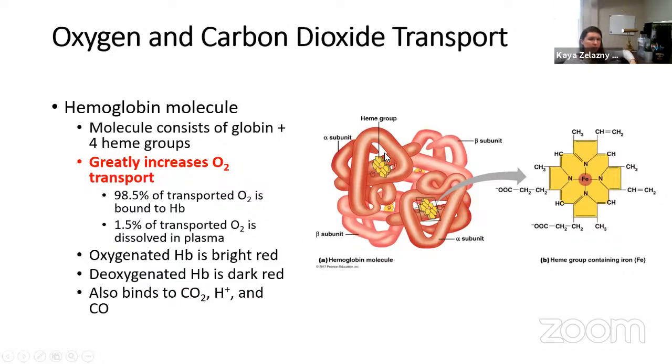So it can block the binding of oxygen to hemoglobin at those heme groups, which is why you can die of it, right? You die of lacking oxygen, even though there is plenty of oxygen because your hemoglobin is all full. Okay. So we got the 4 subunits, we got a heme group. Important that the heme group contains iron, binds O2, carries most of the oxygen in our body.